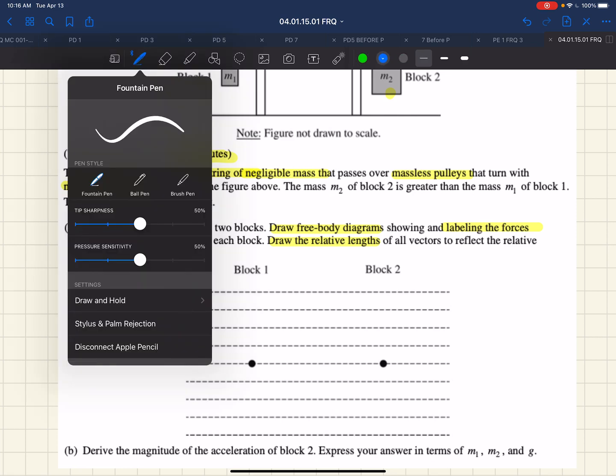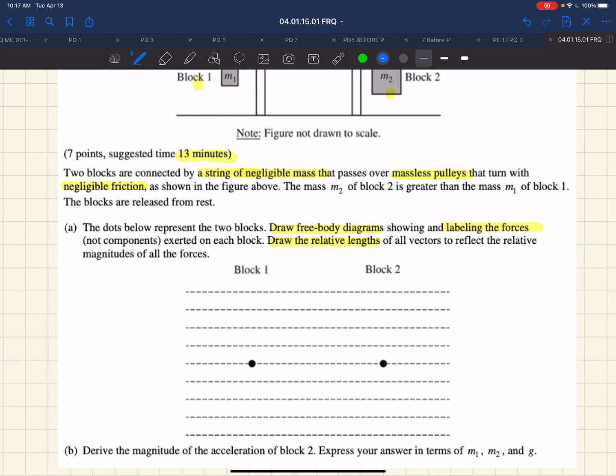So first thing we know is that M2 is the biggest mass, and that's going to be the biggest force. So we could put FG2. And we know the weight of 1 is less, so let's make it some number smaller. So we're clearly indicating in this case that the mass of block 1 is less than the mass of block 2, resulting in lower forces.